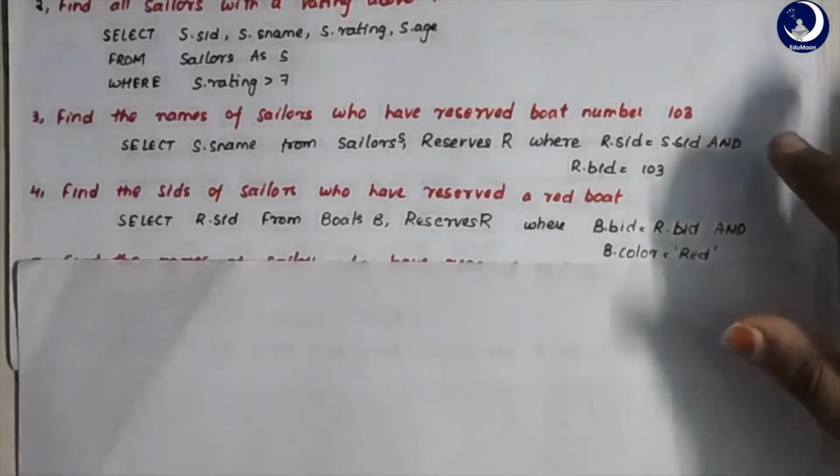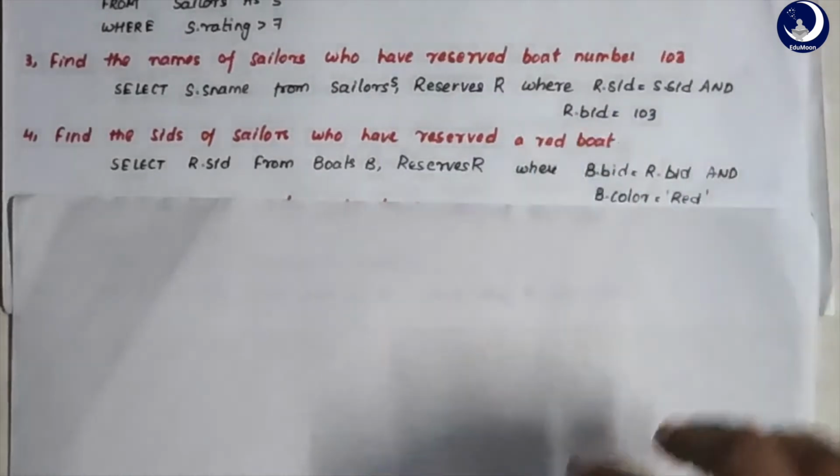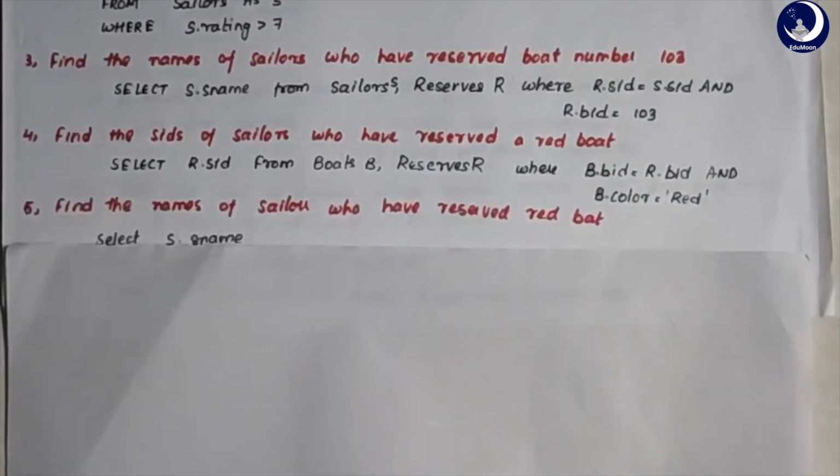See. So let's look at the next example. Find the names of sailors who have reserved a red boat. See, there is a slight difference. Here we want the names of sailors. So this is the same example as before, I just included the name. With just a specification of name, here you have to consider the sailors table also, because there is no names column in the reserves table.